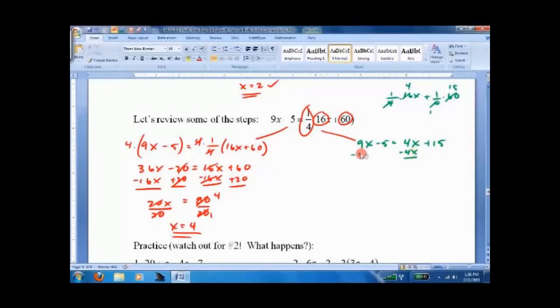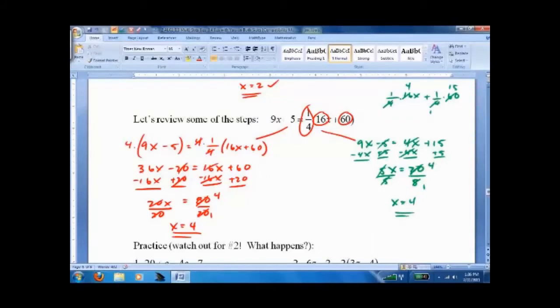Math is perfect. If you do it right, it will always work out. Cancel, cancel, cancel, cancel. 5x equals 20. Divide by 5, divide by 5. X equals 4. Now I leave it up to you to determine which way you would consider easier.